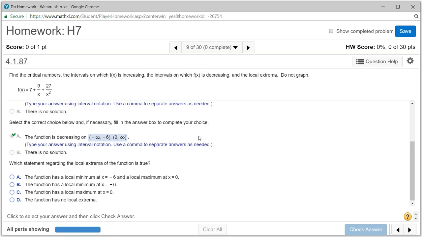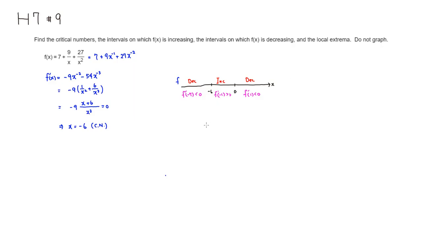The next question asks which statement is correct regarding the extrema. We know that here the graph is going from decreasing to increasing, and from increasing to decreasing. So here this is going to be a local minimum.